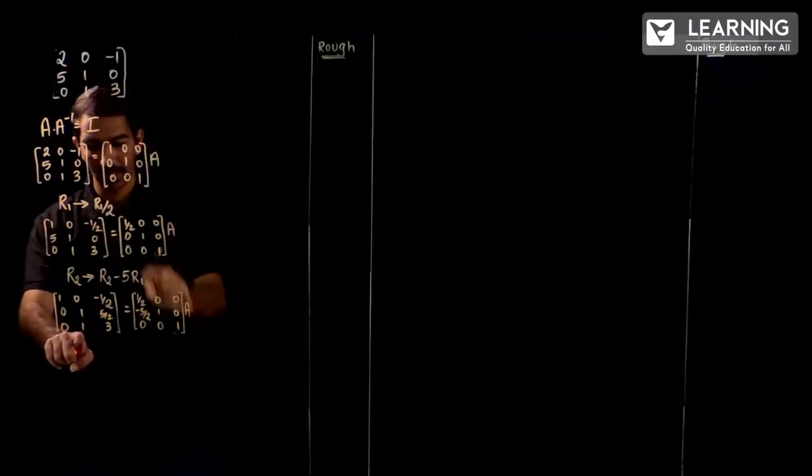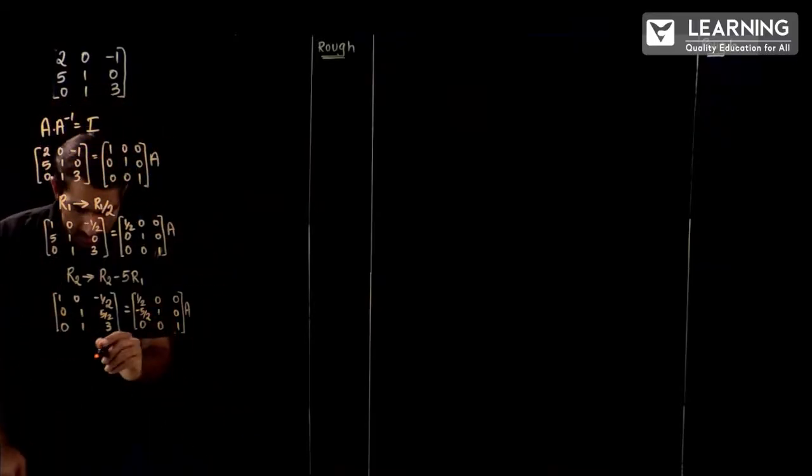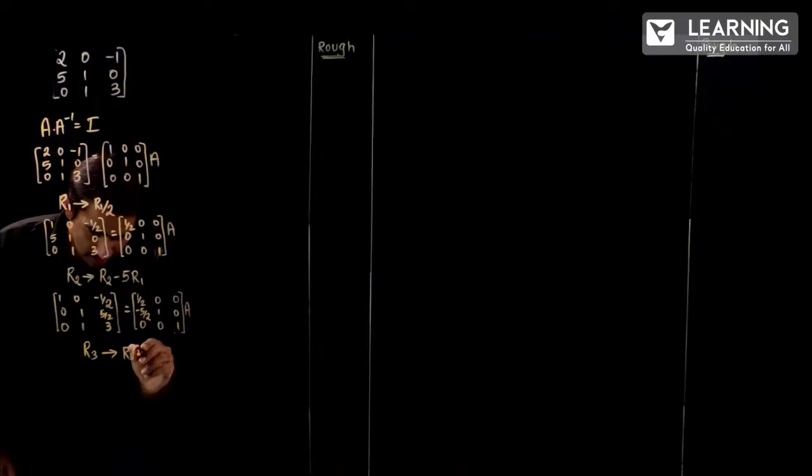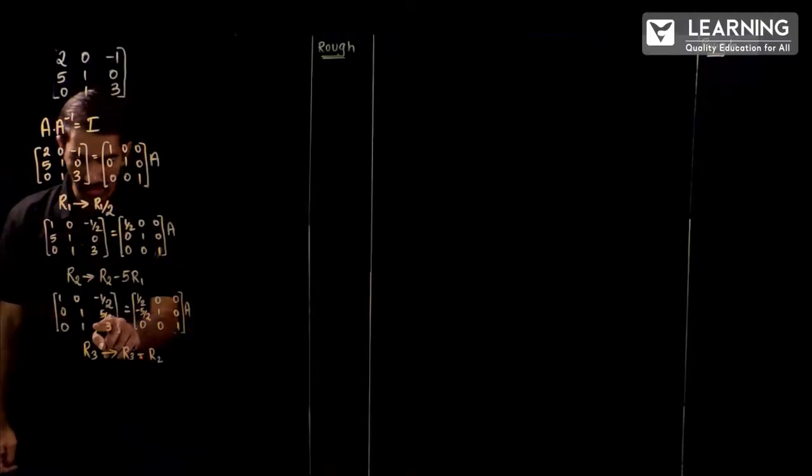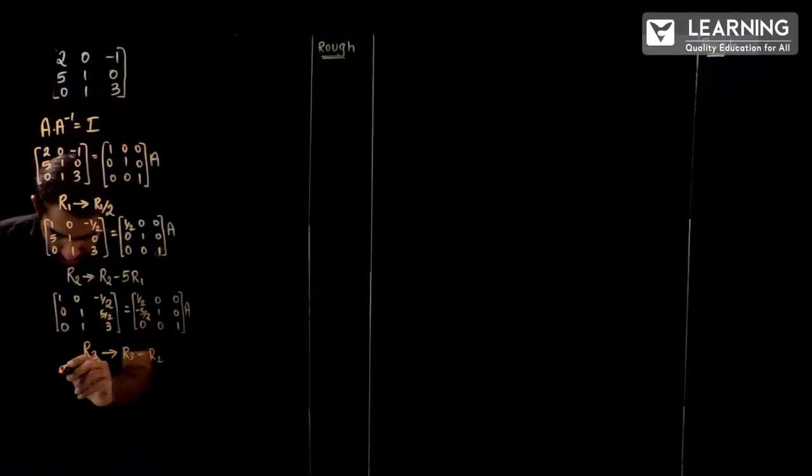Only one operation. So here this is in R3. We'll write R3 equals R3 minus R2. That's it. 1 minus 1, 0. So this will become 0, right? So write R1 and R2 as it is, because we are only doing R3. 1, 0, minus 1 by 2.